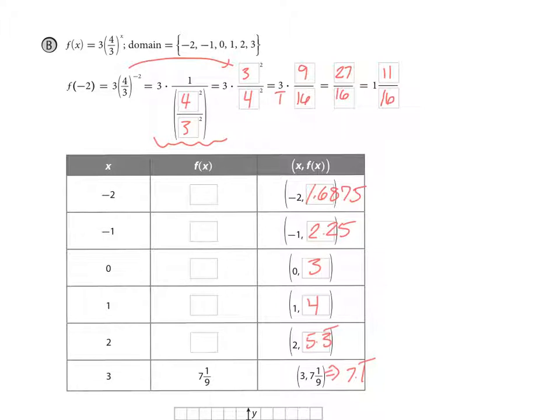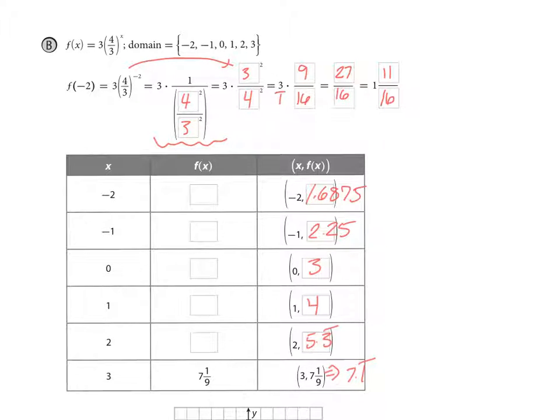Okay, so the values you should have gotten here were 1.6875, 2.25, 3, 4, 5.3 repeating, and then 7.1 repeating. The book went ahead and did it as a fraction and did 7 1/9. So a difference in the two examples.